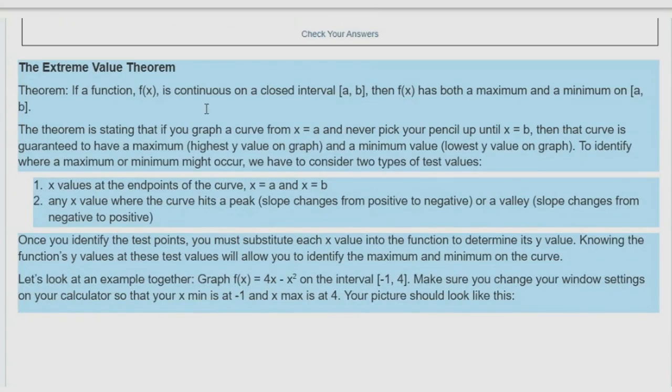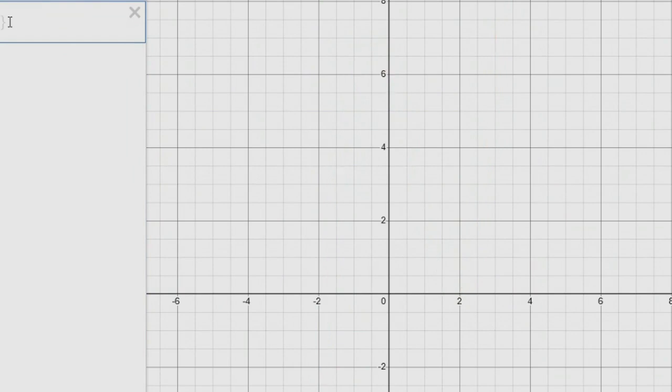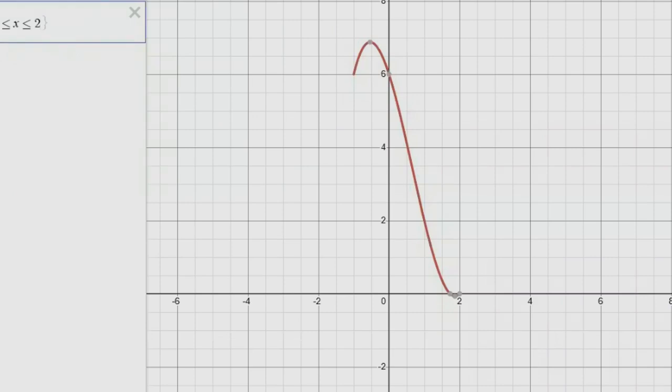The extreme value theorem says, okay, if we have a function on a closed interval, a to b, so let's change our interval. We're only going to look at -1 to, let's say, 2. That's our interval.